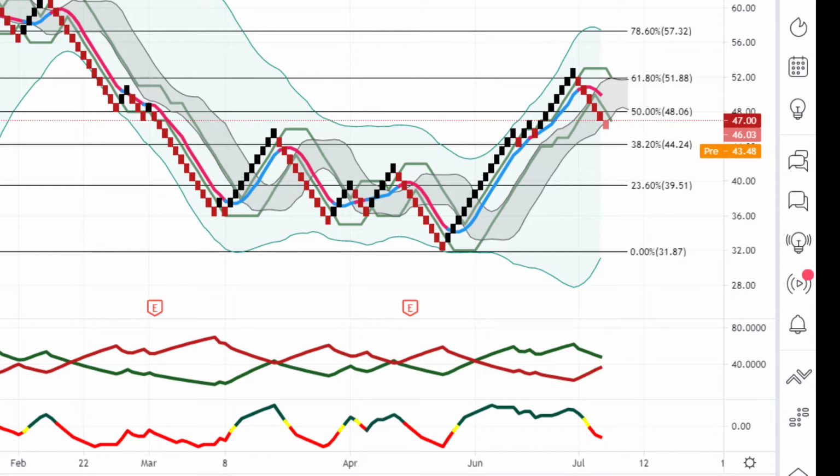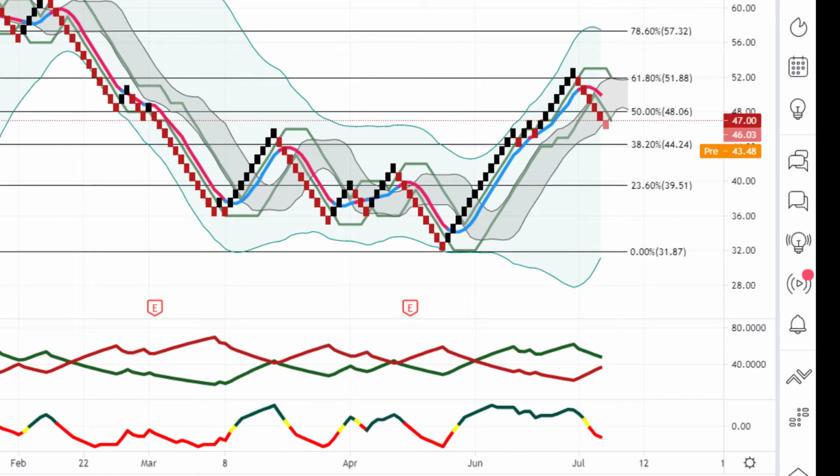I've got a tweaked DMI, a regression tool at the bottom there to help me with trend direction, and we've got the Bollinger Bands, two of them. We've got a donkey and breakout setup going on there too, and a moving average that tells me when the trend is changing.